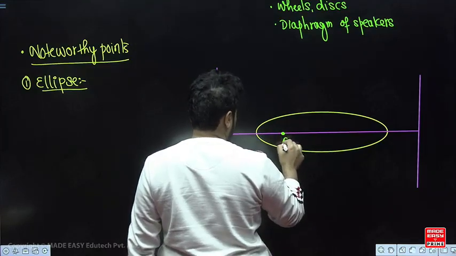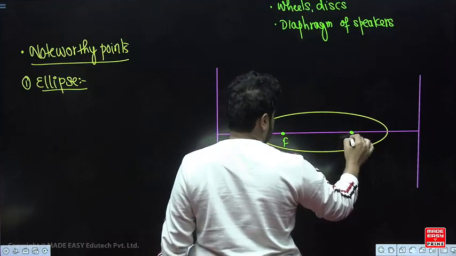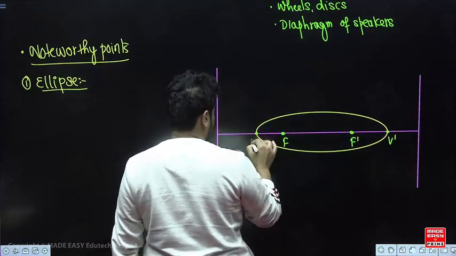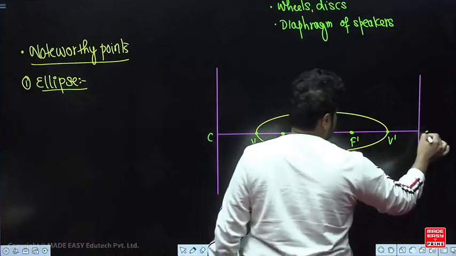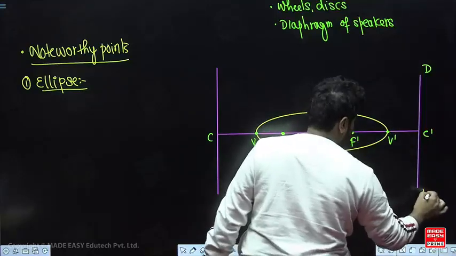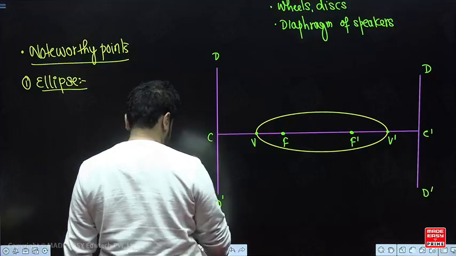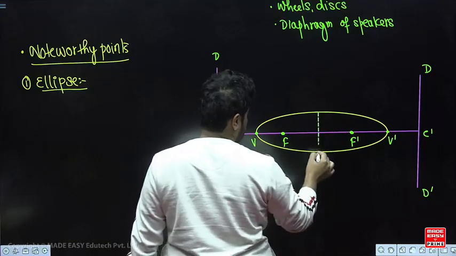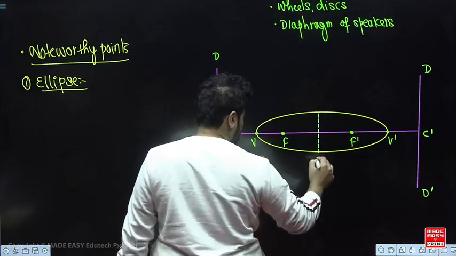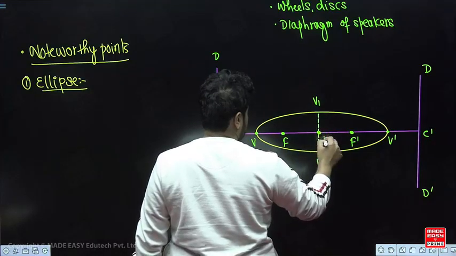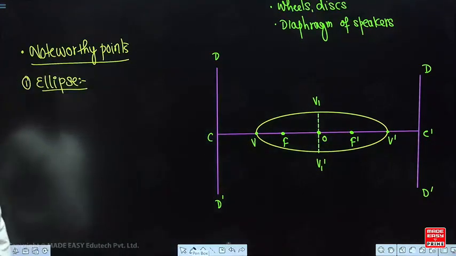The ellipse has 2 foci, one focus here, another focus F dash. This is your V dash, this is your V. C, C dash. Say D, D dash. V1 dash, V1, and this is O, correct? So this is an ellipse.